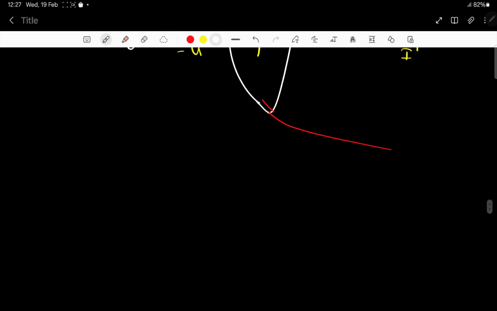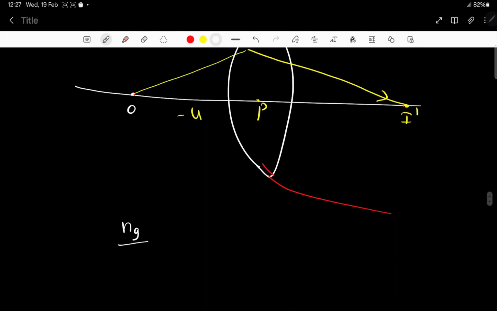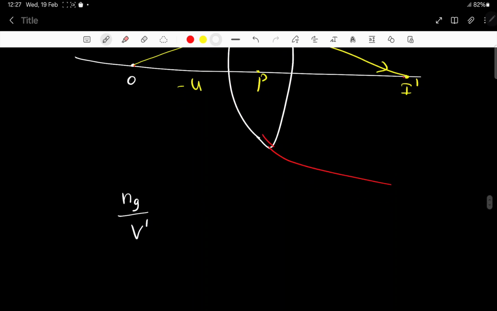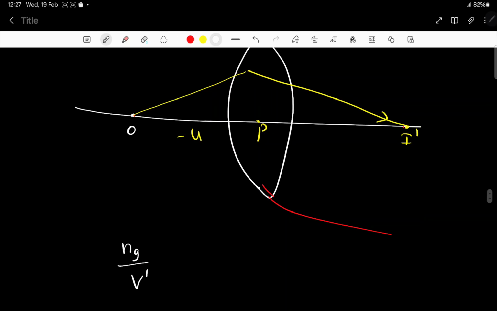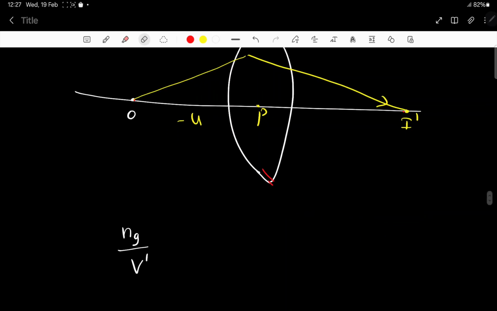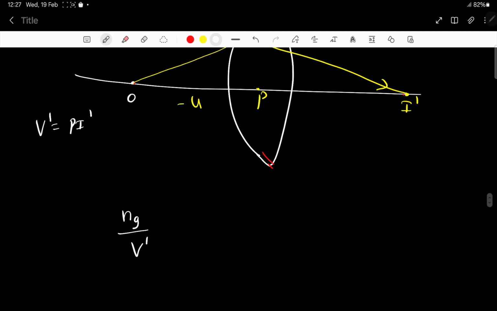So n2 is the glass medium, n2 by v, where v is nothing but v dash, because it's not the final image position. I will tell you the reason for it. Let me call P I dash as v dash. So n2 by v dash minus n1, the air medium, by u equal to n2 minus n1 by r1.